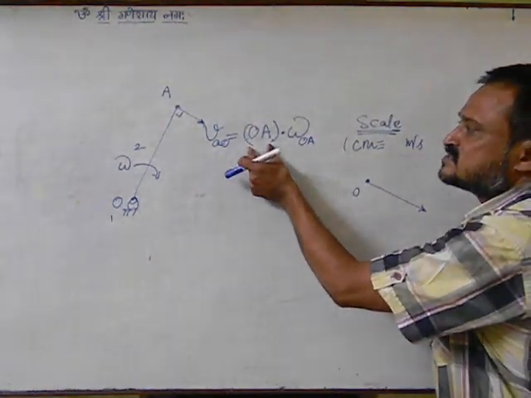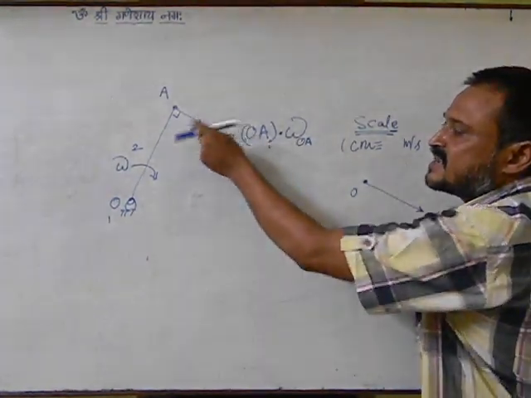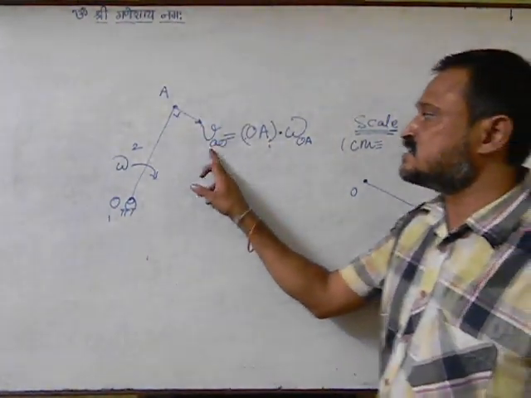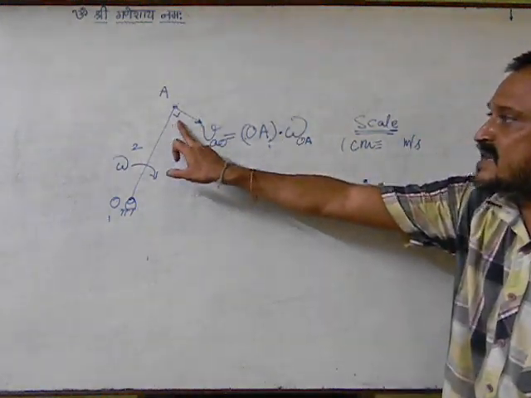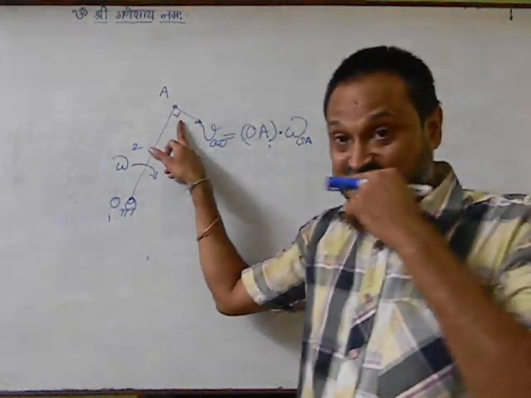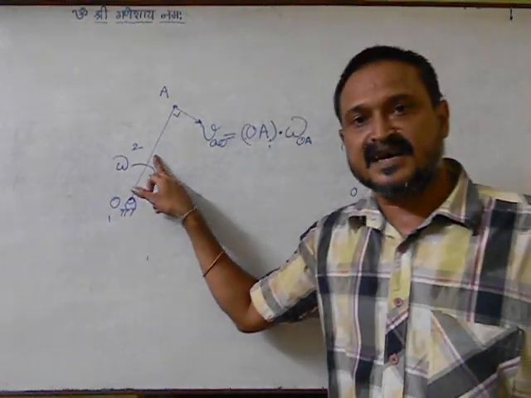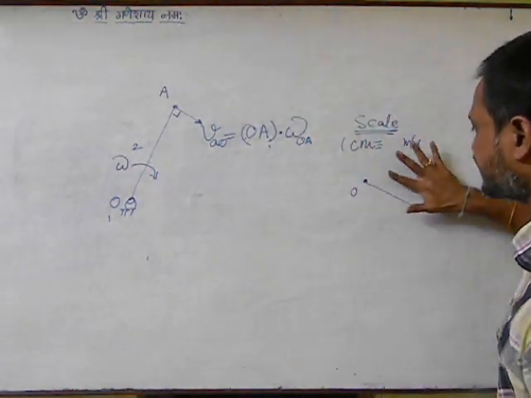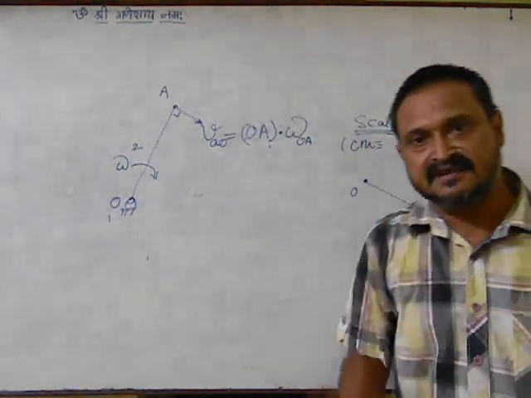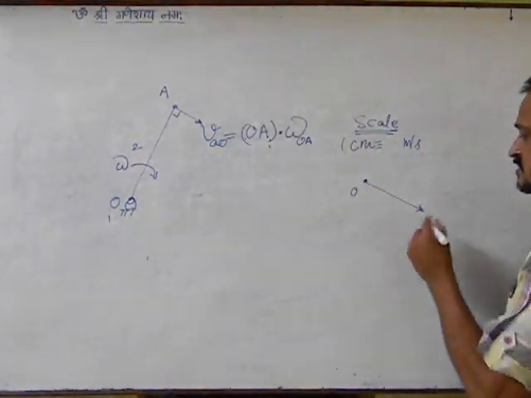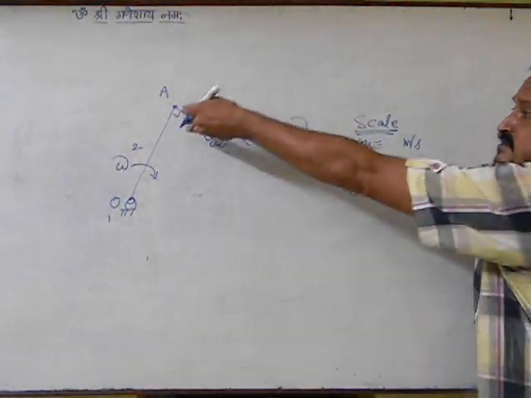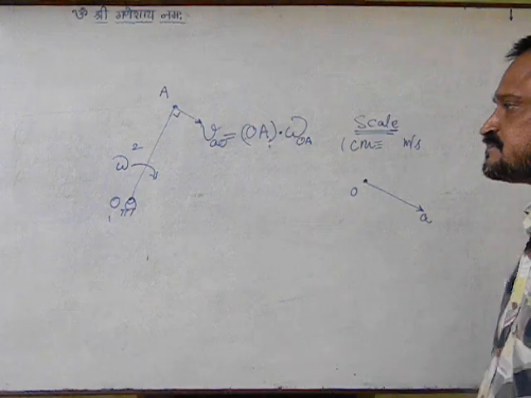So if I know this value, then I can determine the velocity of A with respect to O. I understand the direction of this vector by reading the configuration diagram, and I can draw this velocity vector OA. So this is OA parallel to this condition, right?